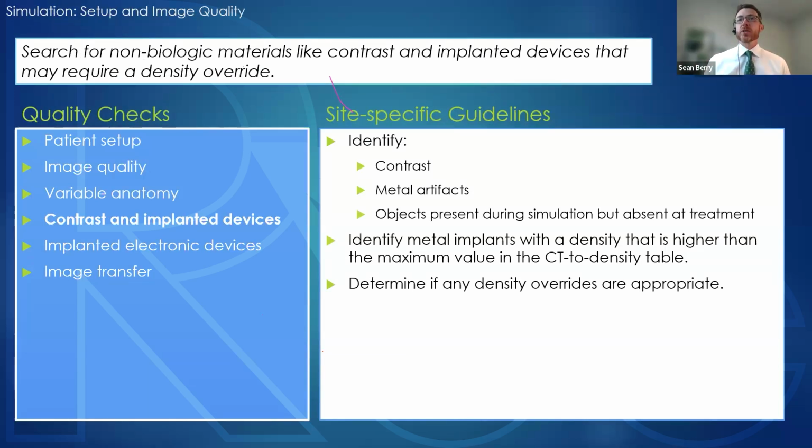And of course, as we were just talking about, things that are implanted in the patient, so they're there both for the simulation and the treatment. And there we basically just had that discussion. You want to identify what they are. If you know what material they are, you can assign that material. You probably still want to avoid them unless you have to treat through them. But if you are traversing them, you would want to make sure that they're covered in your CT to density table.